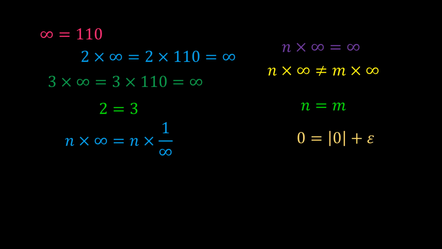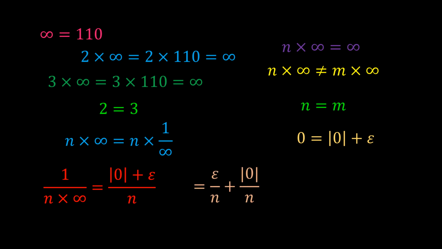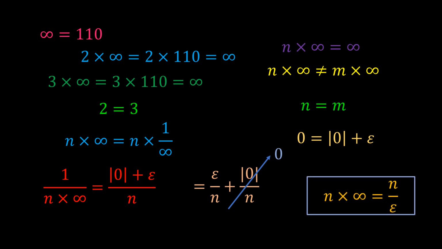Subbing it here and inverting both sides yields this, which can be expanded to this. Absolute 0 represents nothing. So this term is equal to nothing, and it goes away. So we can now invert the equation again to have n times infinity equal to n over epsilon, meaning that infinity is 1 over epsilon.